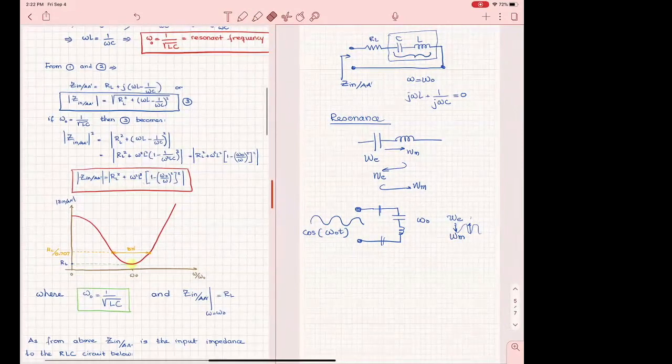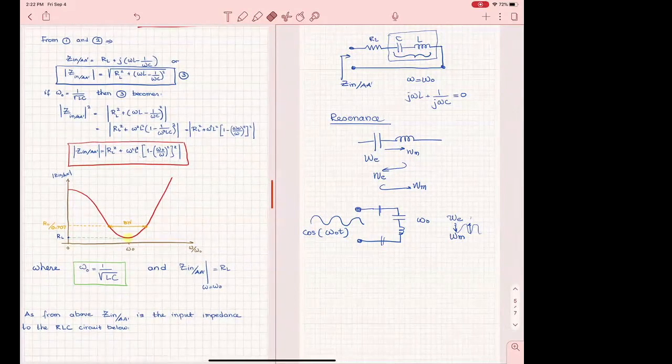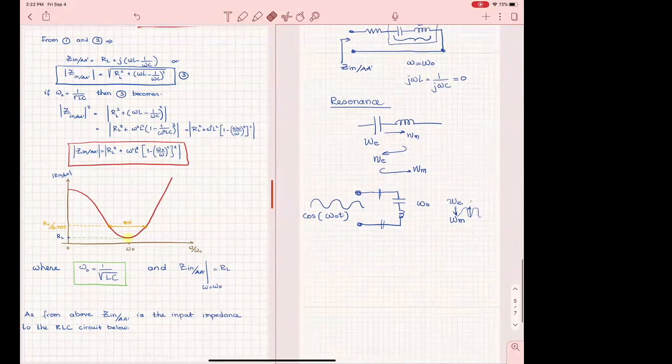Now, in this particular case, in the series resonance, if we find the magnitude of Z in, it shows that it creates a dip. It looks like that, more or less, all right, where this is the resonant frequency.